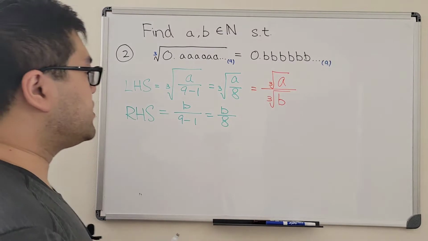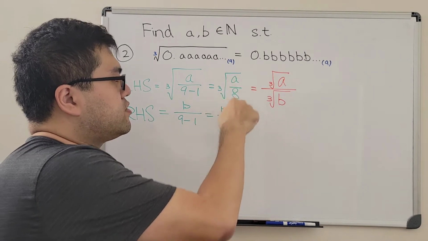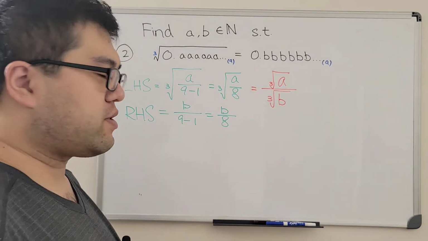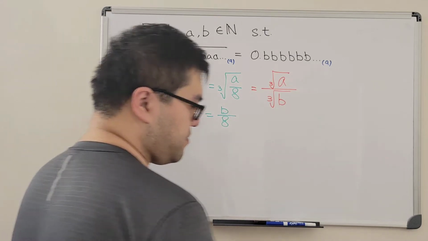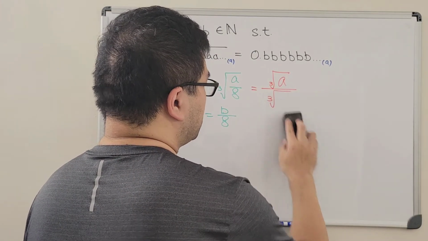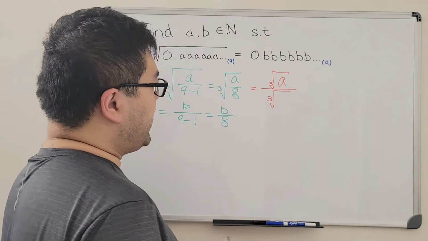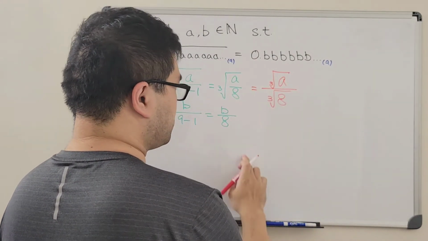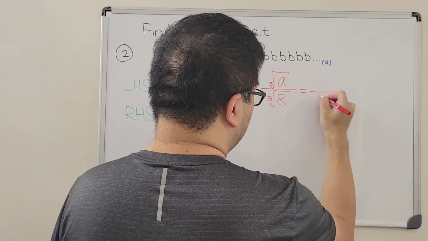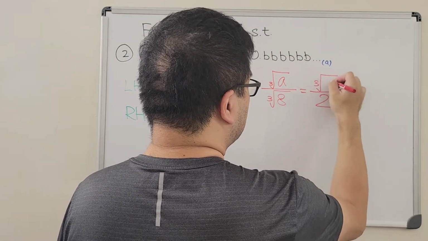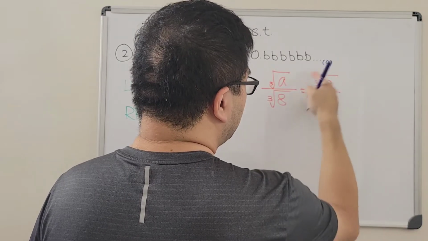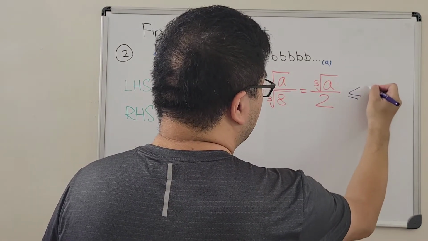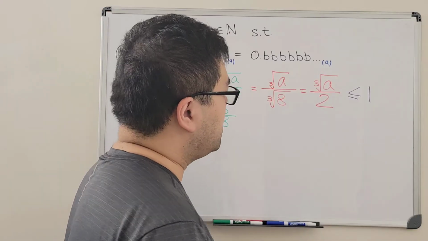If we break up the cube roots to both numerator and the denominator, we will actually get the cube root of a over the cube root of not b but 8, which is actually equal to 2. So this number has to be less than or equal to 1. What should we do next?